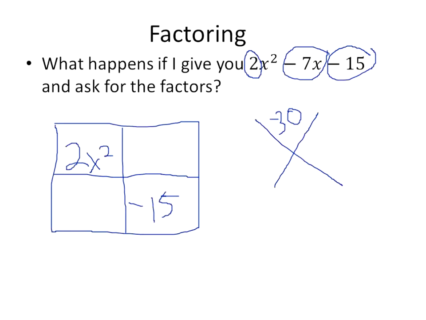What goes on the bottom? The negative 7, because that's the number that when I add the two boxes, that's the number I get, right? So then we can figure out what goes on the two sides, can't we? What two numbers multiply together to make negative 30 and add together to make negative 7?